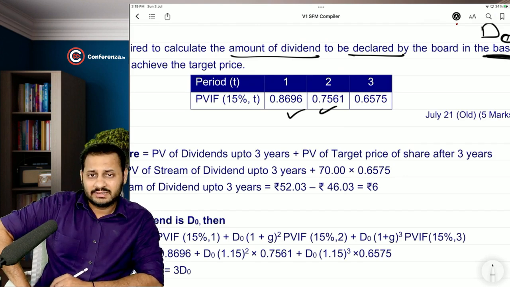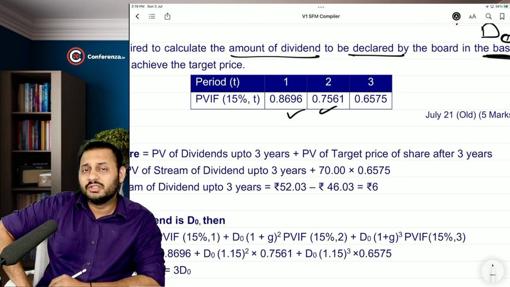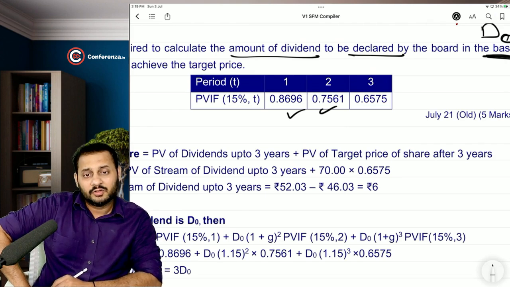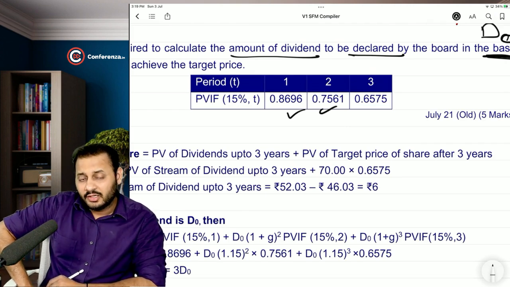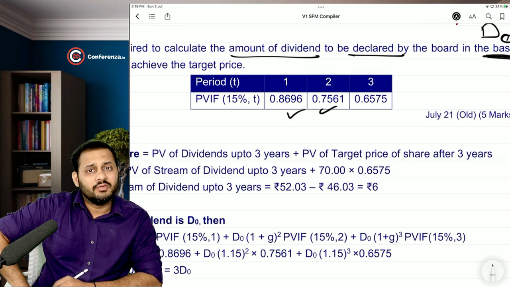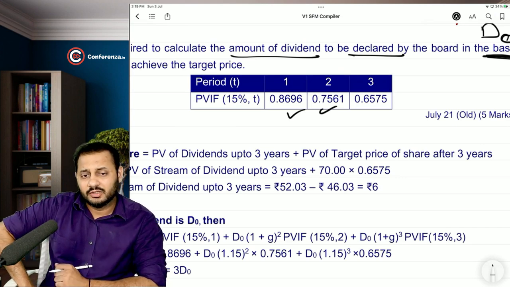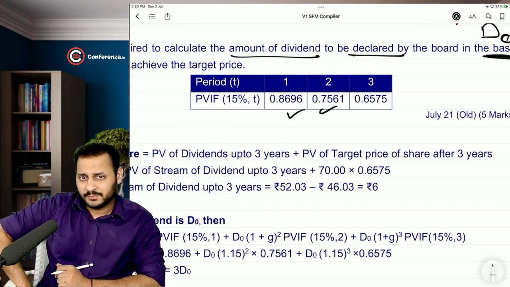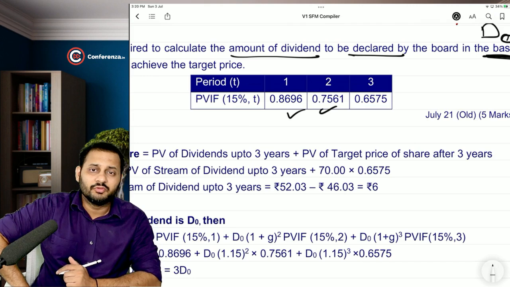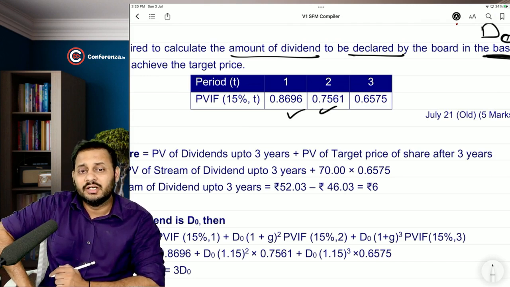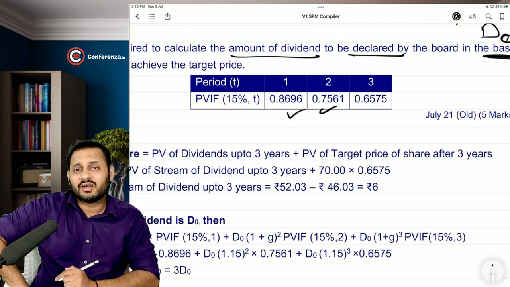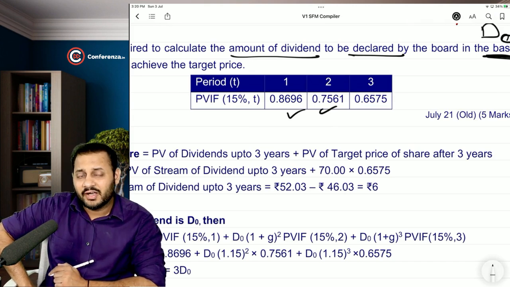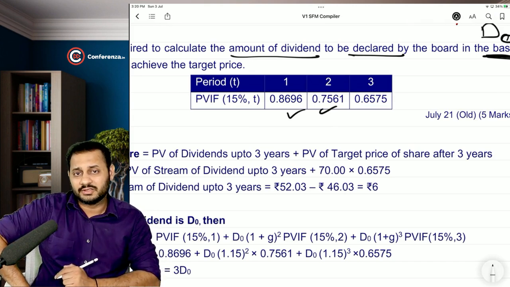But if they allow everyone to use the present value factor calculated on the calculator, some of the students will use the factors till 3 decimals, some will use 4 decimals, some might use 2 decimals. And because of rounding errors, the final answer will differ from person to person.